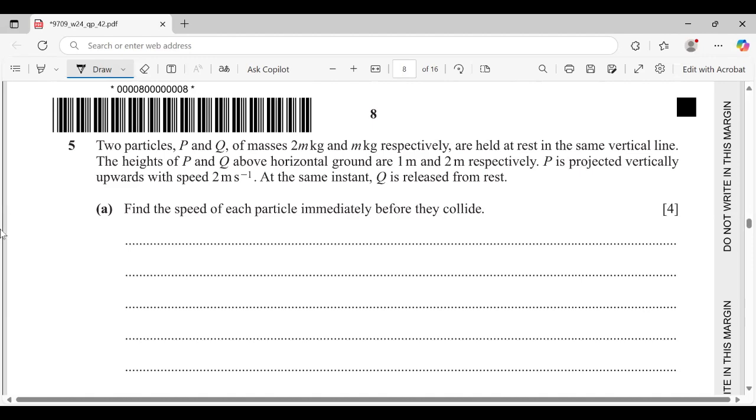Okay, the positions of these two particles first, according to this information.